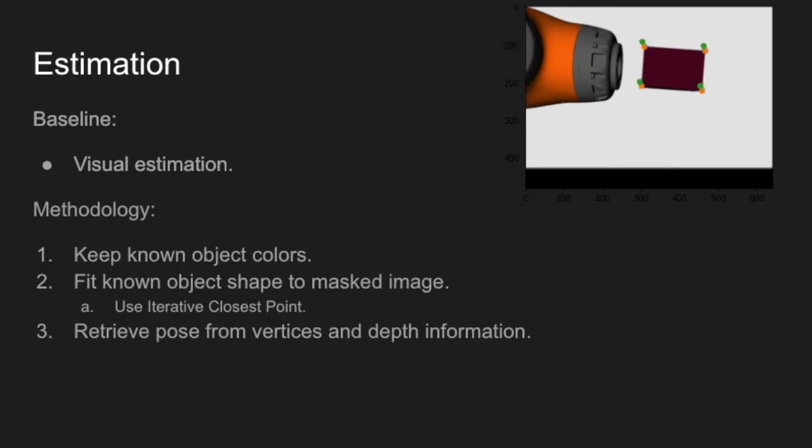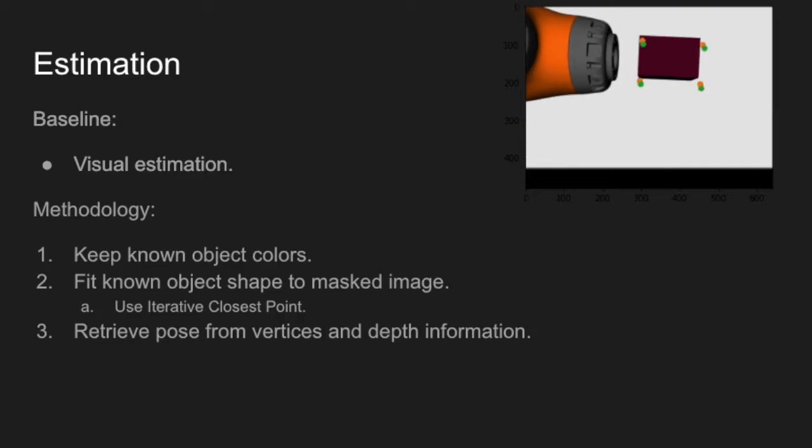If you would like to know a little more, please read our paper. However, from a high level, it expects an object of a certain color, with a certain shape and a certain size, and then it fits a template to the image using the iterative closest point algorithm. Now, once those vertices are found, those are projected back to 3D space using their depth, and the pose is extracted.